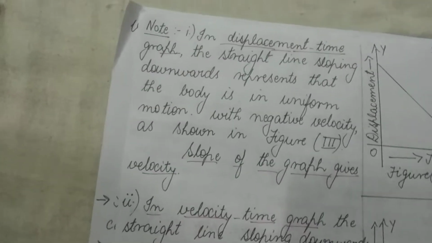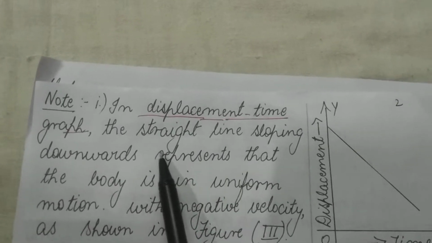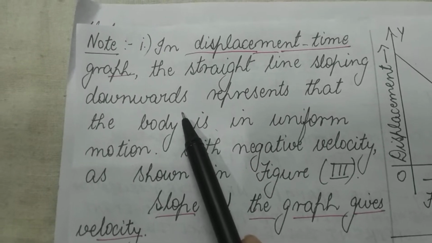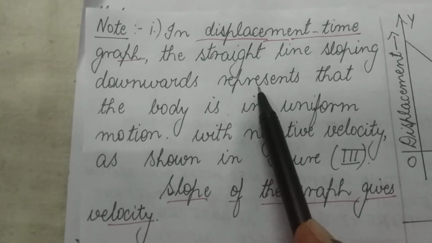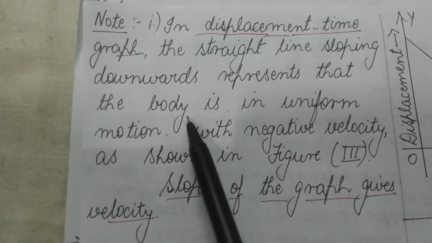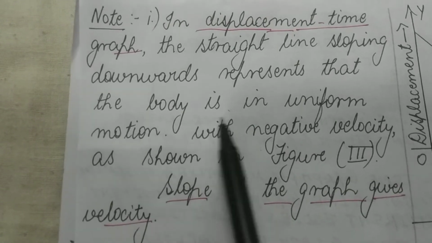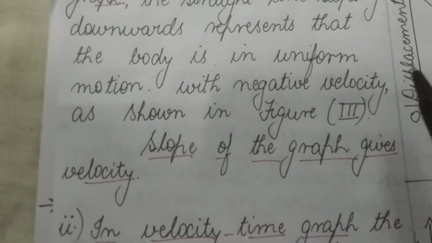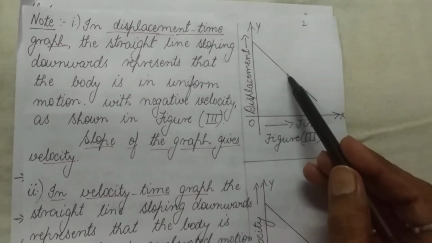Now the second one, the displacement time graph. A straight line sloping downwards represents that the body is in uniform motion with negative velocity, because the displacement time graph shows the velocity.